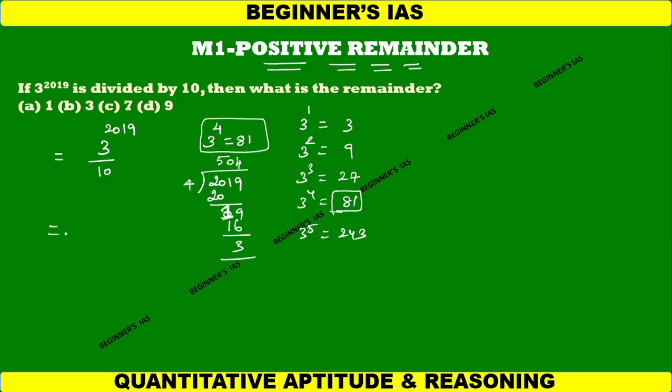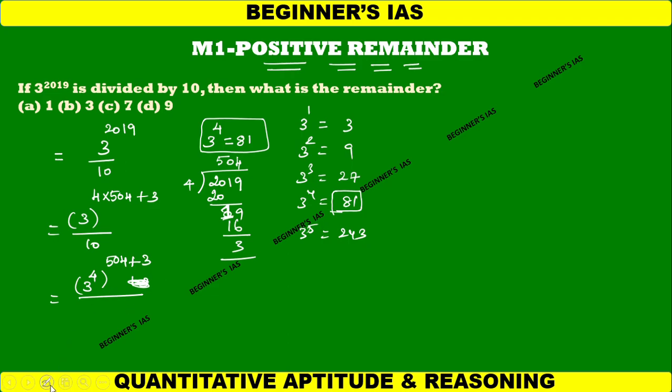Now listen, we can split 2019 with respect to 4 into 504 plus 3, divisible by 10. Here this can be written as 3 power 4 the whole power 504 plus 3, divisible by 10.